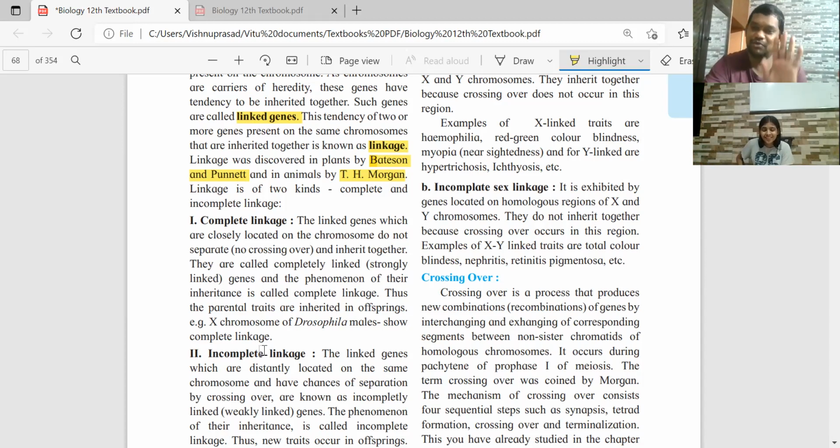Incomplete means good friends. ये एग्जाम में लिखना नहीं है, ठीक है? It's only for your understanding.